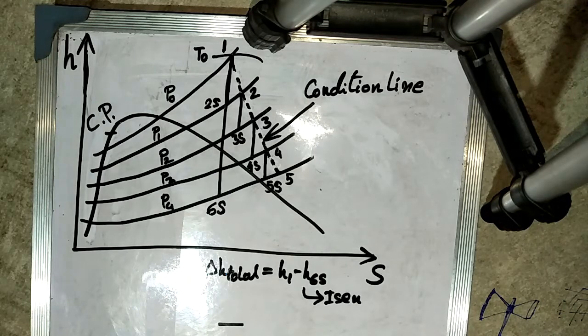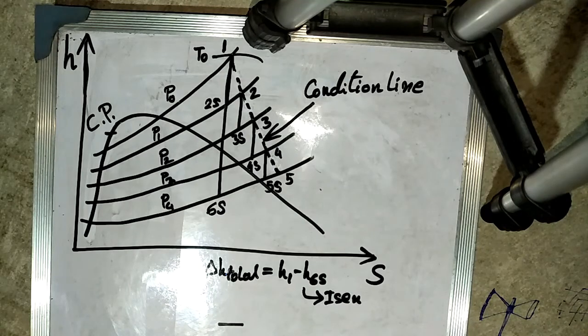From 2 a vertical line is drawn which cuts the isobar at P2 at the state 3S. The isentropic enthalpy drop H2 minus H3S is noted, and the actual drop, H2 minus H3, is estimated by multiplying it with the stage efficiency.